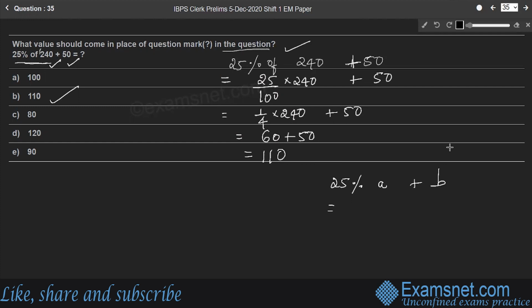Then 25% of A needs to be solved first, then B should be added to this solved part, because according to the BODMAS rule, the multiplication operation comes first, then addition. Therefore, 25% of A plus B, according to the question, 25% of 240 plus the next number, 50, gives 110.